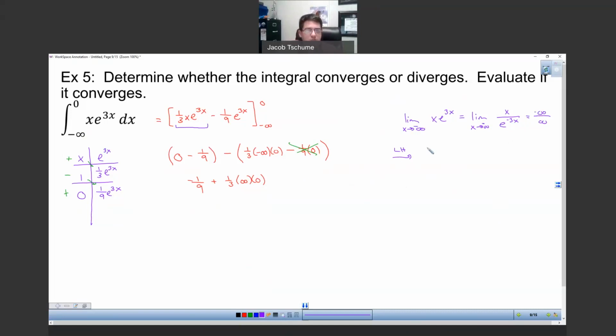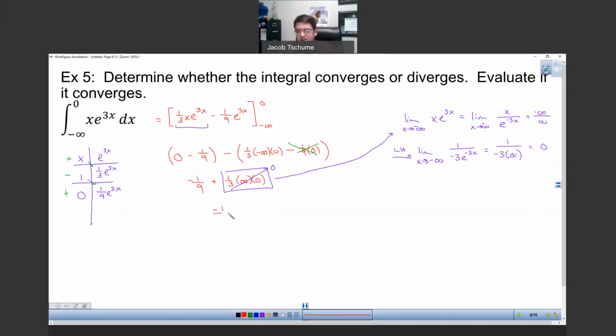All right, so doing L'Hopital's rule, this becomes the limit as x approaches negative infinity of 1 over negative 3e to the negative 3x. And if you plug negative infinity into this, it will be 1 over negative 3 times e to the positive infinity, which would be infinity, and this whole thing is going to go to 0, which means that in the end, the 1/3 times infinity times 0 will end up becoming 0, which we verified using L'Hopital's rule.